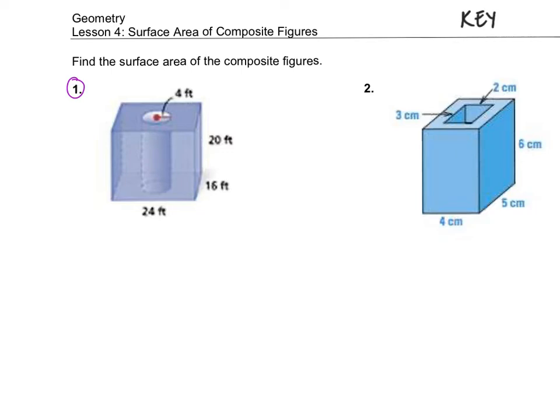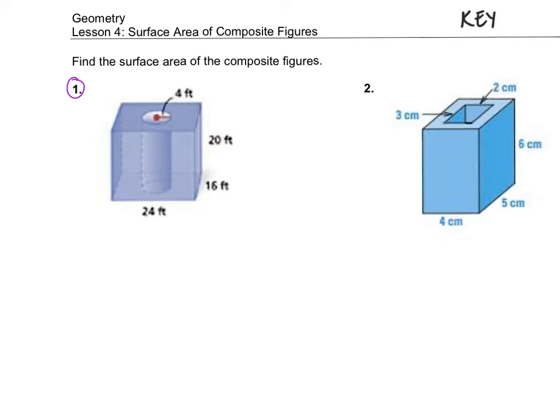Those are our rectangles. So now that we know what shape we're working with, our prism, we want to figure out, okay, what am I trying to look for within this prism? We have the options of finding the lateral surface area, which is just looking at everything but the bases, or we could look at the total surface area, which is the lateral area around the outside along with the two bases.